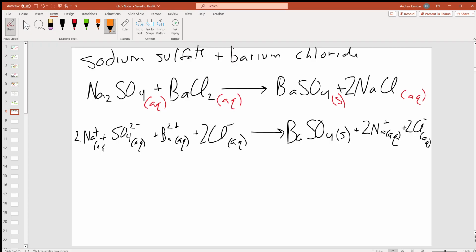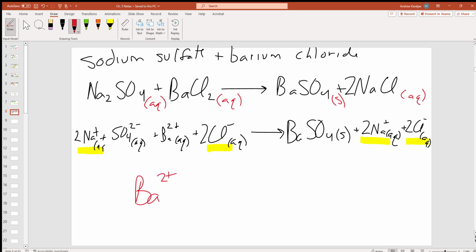So if we notice now, we have spectator ions here in sodium and chlorine. So our net ionic equation is going to be what's left, or what's changing.